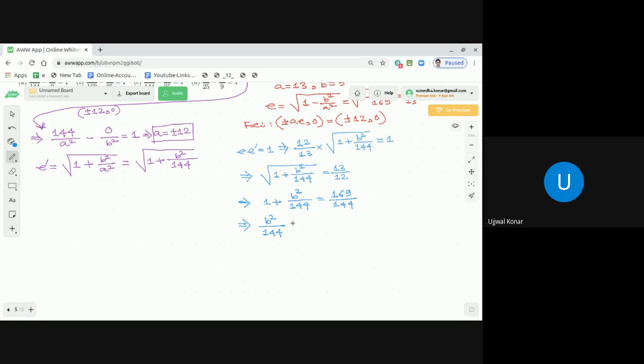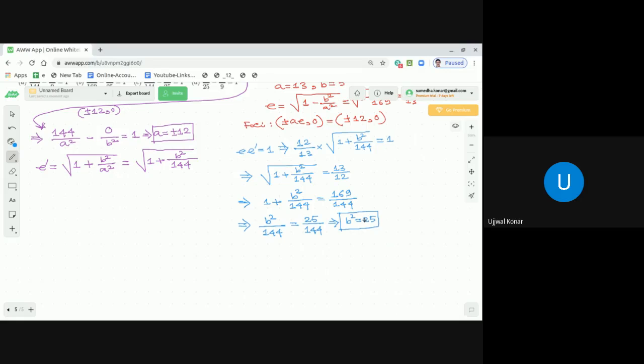And if you simplify that, you will get 25 by 144. That implies the value of b square is 25. Correct, dear students?